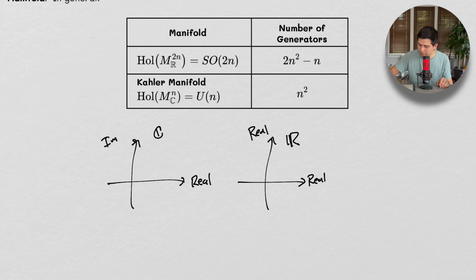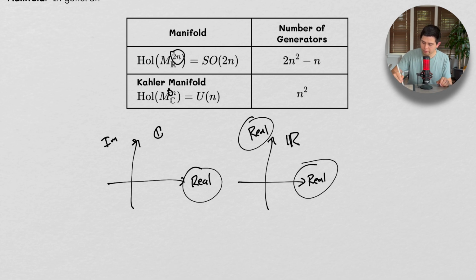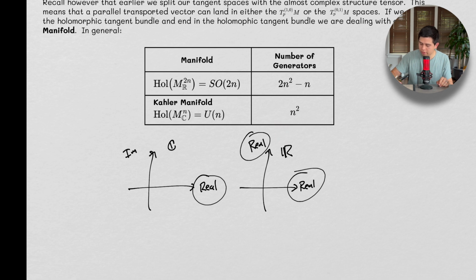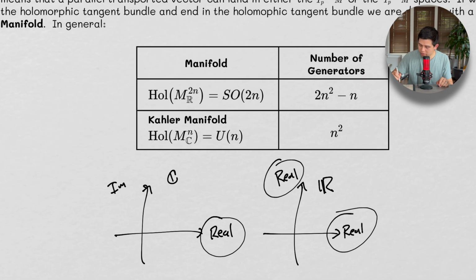So we have 2 real dimensions, and then here we have just 1 complex dimension. And in this case the number of generators is n squared. And here this is our U transformations, or unitary transformations. Okay, so this is our Kahler manifolds. This is how we are going to define complex holonomy as opposed to real holonomy.